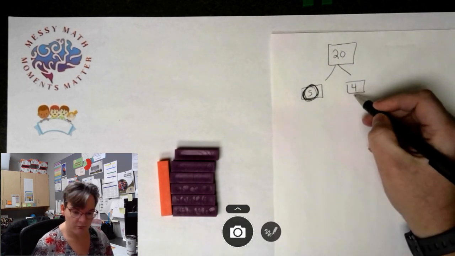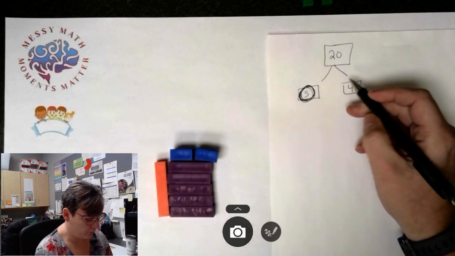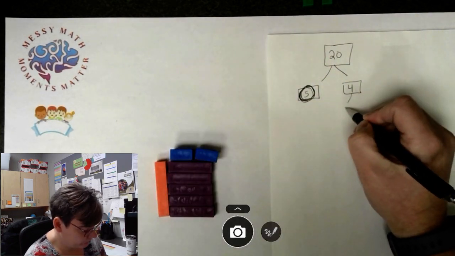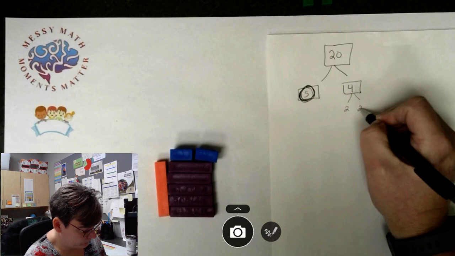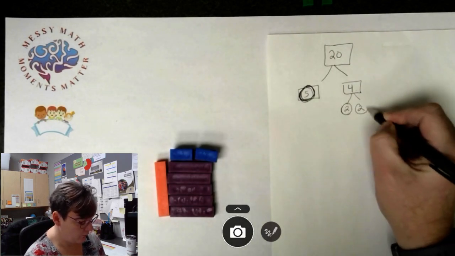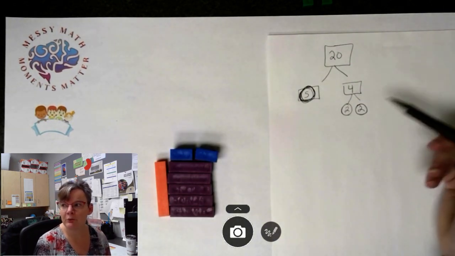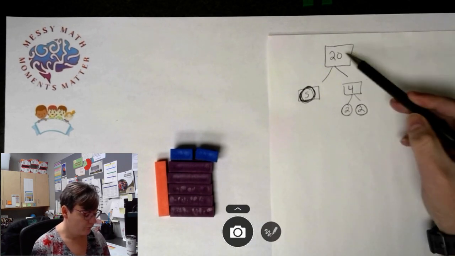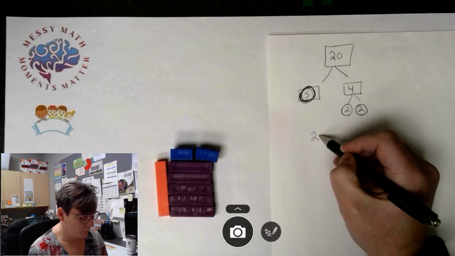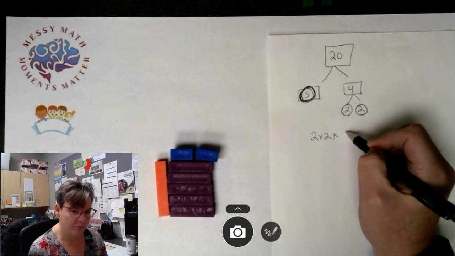But my 4, I actually replaced with 2 2s. And my 2 is a prime, and my 2 is a prime. So the prime factorization of 20 is 2 multiplied by 2 multiplied by 5.